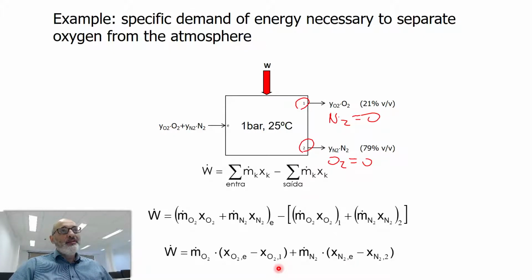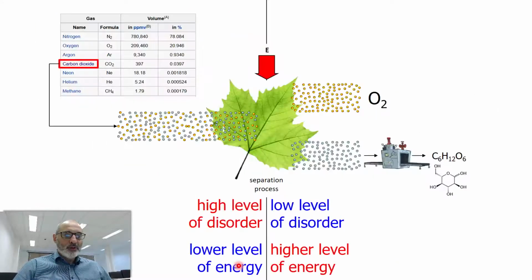And we can already figure out if W is positive or negative. Let me ask you a question, let me see if you're following my reasoning. I was mentioning, going back a few slides just to show you, that before being separated we have a high level of disorder. After separation, we have a low level of disorder, okay?